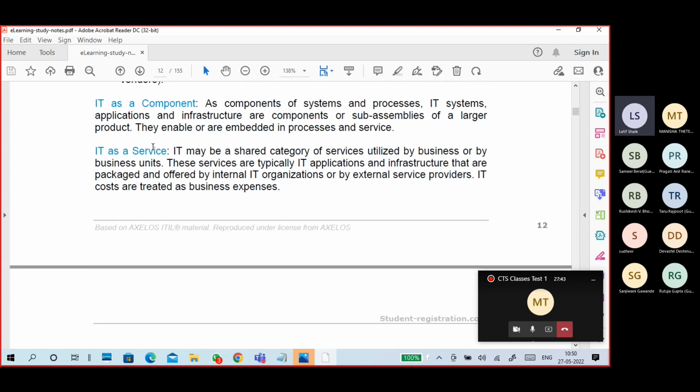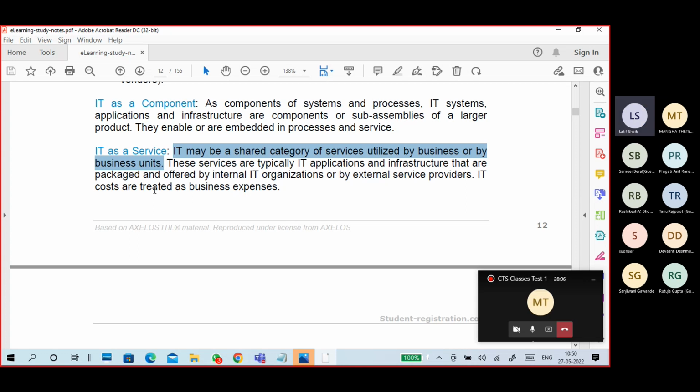IT as a component, IT as a service. IT may be a shared category of service utilized by the business or business units. These services are typically IT applications and infrastructure packaged and offered by the internal IT organization or an external service provider.